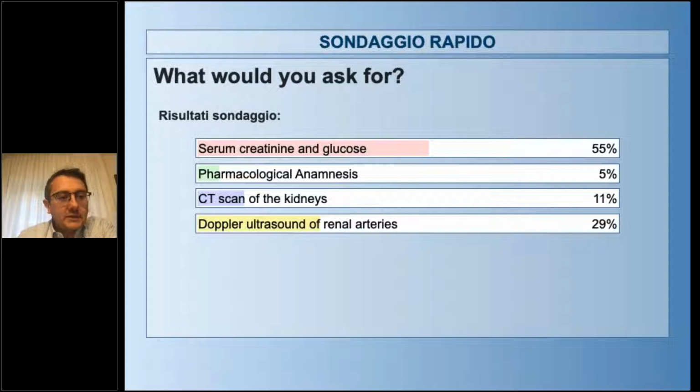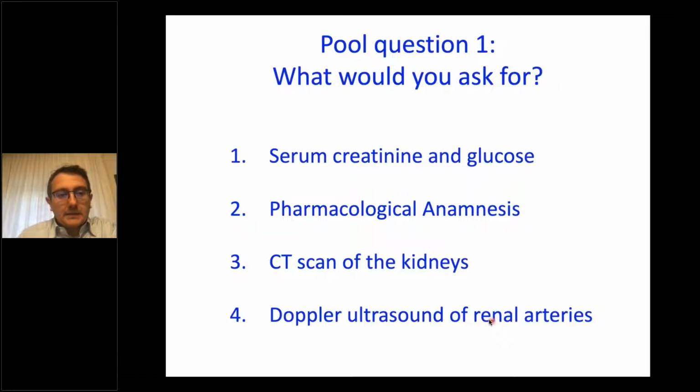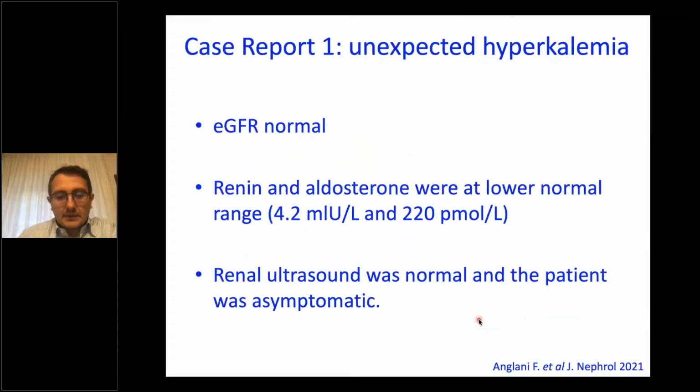Okay, I don't see the CT scan at this point of the checkout, and Doppler ultrasound is mainly for the stenosis of the renal artery, and maybe this is more frequent in young females actually, but is also usually associated with hypokalemia and metabolic alkalosis. Okay, let's see what this guy has.